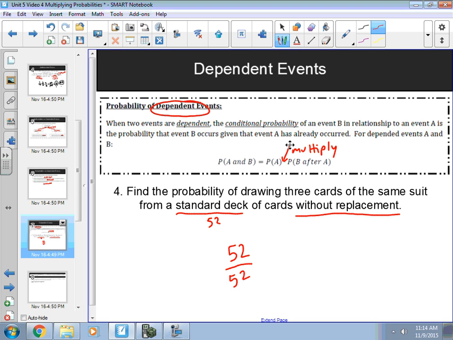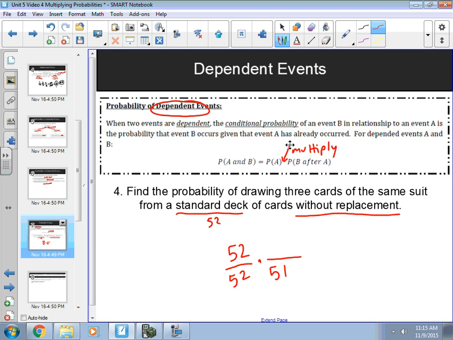Okay, now let's say we just pick one and it's a club. Well, now we're focusing in on clubs for the next choice here. So how many cards are going to be left out of the deck? Well, we picked one out, so now it's down to 51 cards. And assuming we drew a club, the rest of them have to be clubs.